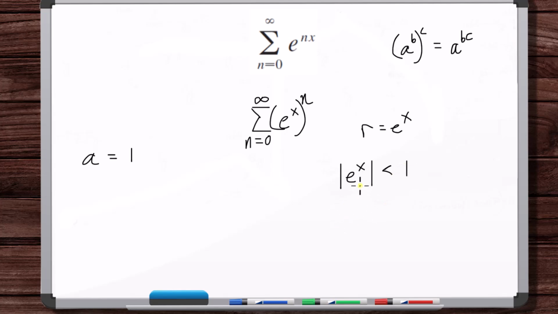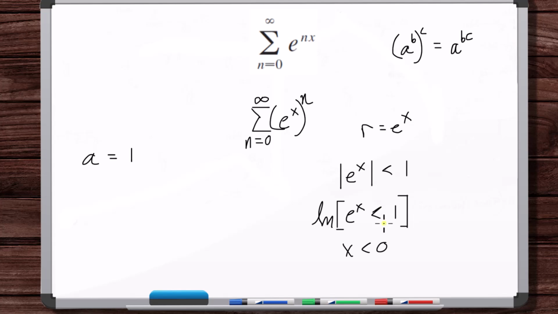But the domain of e to the x is, you can input any number, but e to the x is never 0, and never negative. So we can just take off the absolute value. Now let's take the natural log of both sides. We get x is less than the natural log of 1, so x is less than 0.